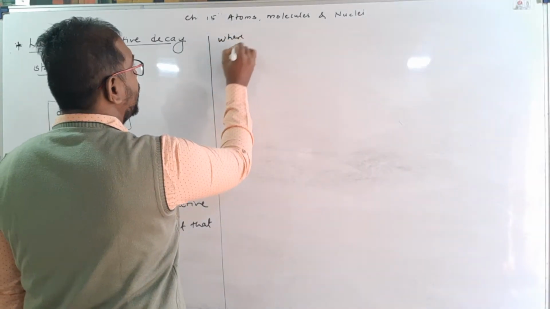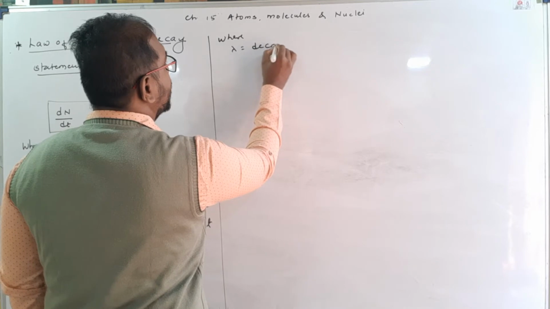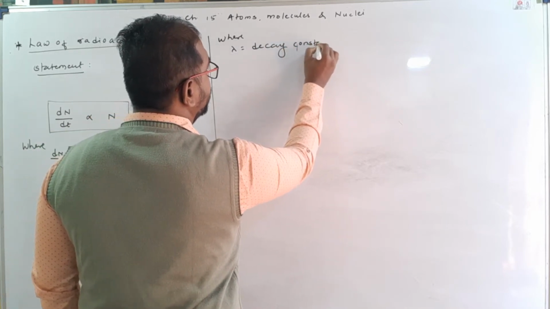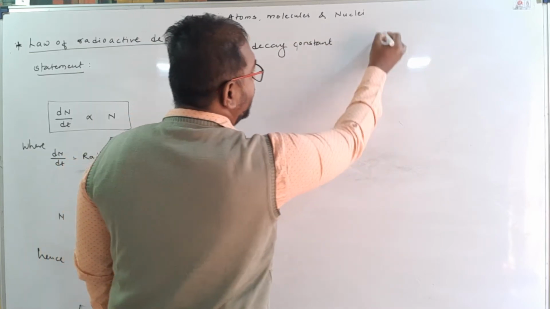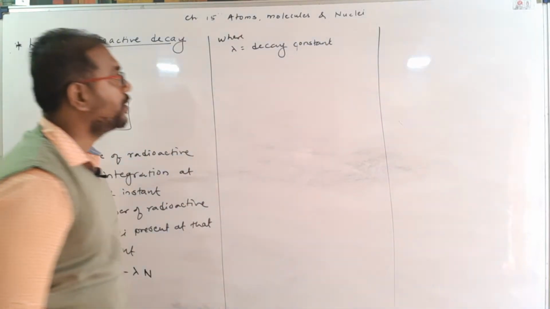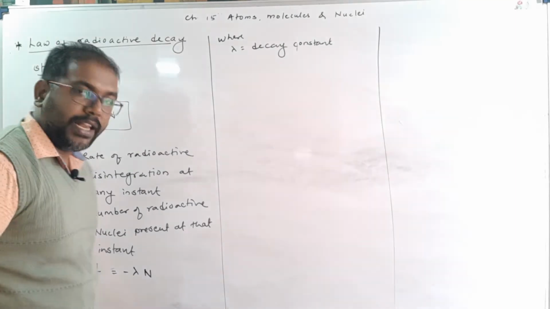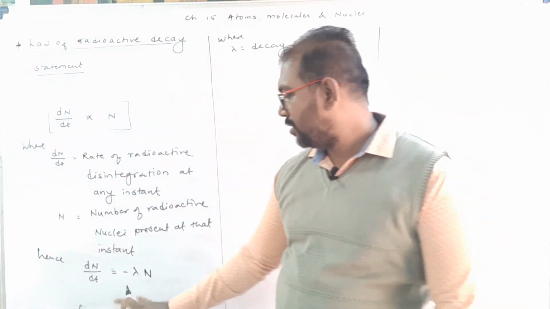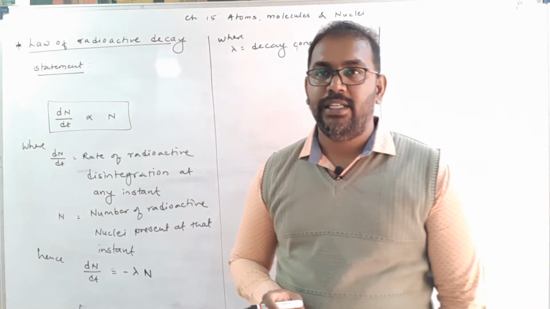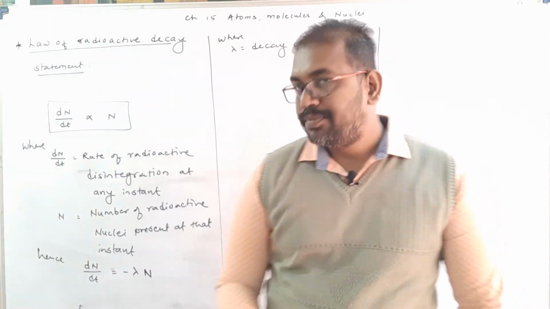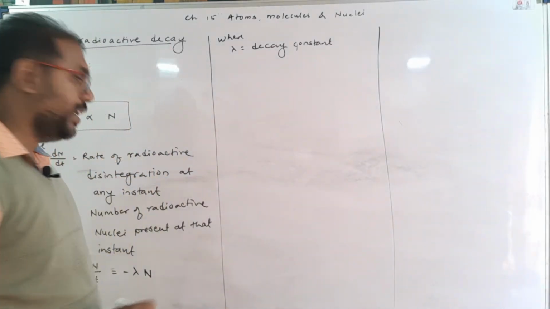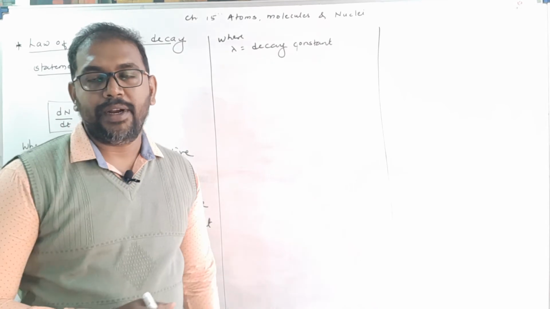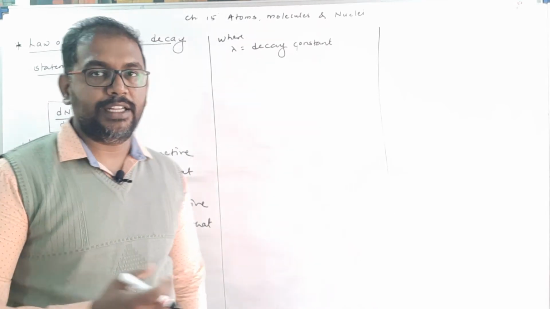The minus sign is there because the substance undergoes decay. Now, by using this we can obtain an additional formula which gives the number of radioactive nuclei present at that instant.